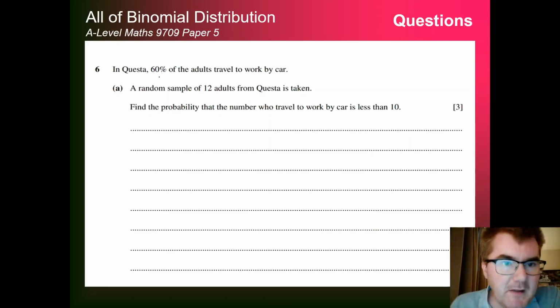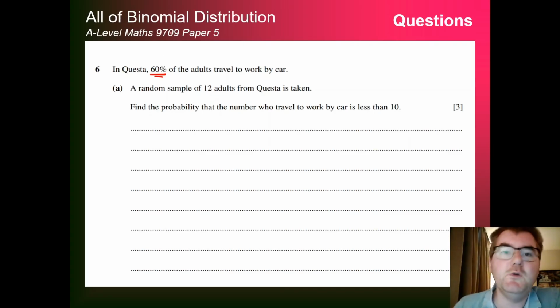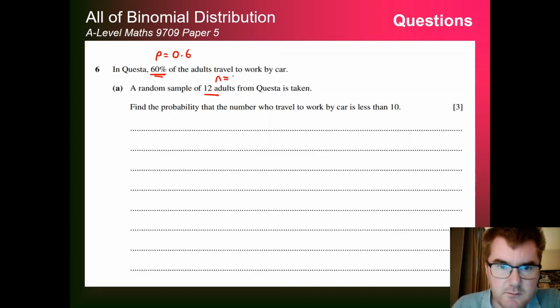So in Kvesta, we have 60% of the adults travel to work by car. So p is equal to 0.6, and our sample size here is 12, so n is equal to 12. And we want to find the probability that the number who travel to work by car is less than 10.